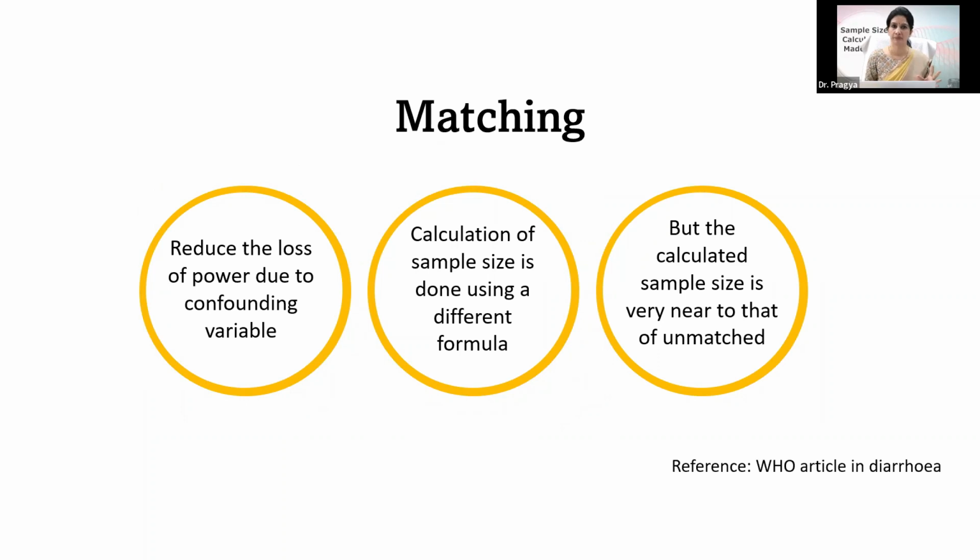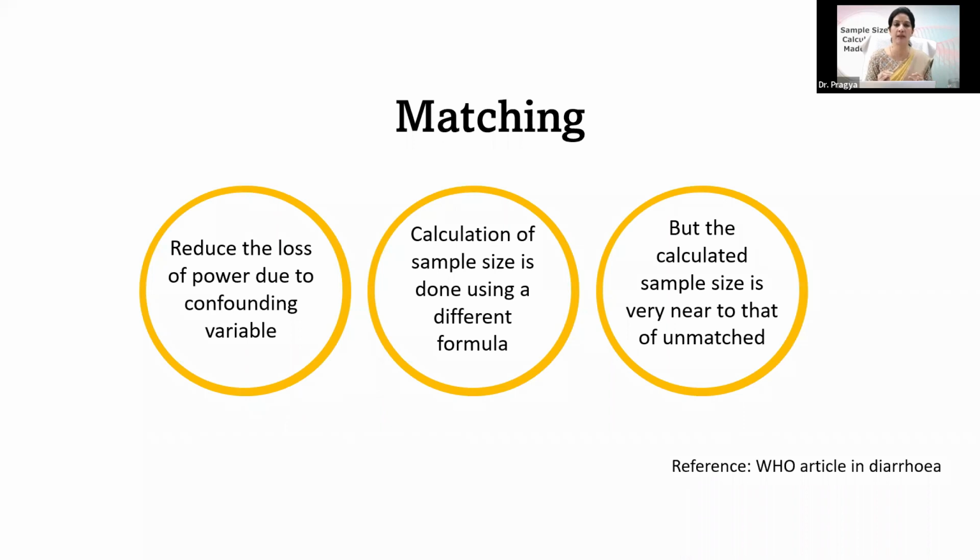That's why almost all the authors, especially the WHO, suggest that you should calculate the sample size for an unmatched study, and you can use the same sample size for a matched study also, because they are very near to each other.